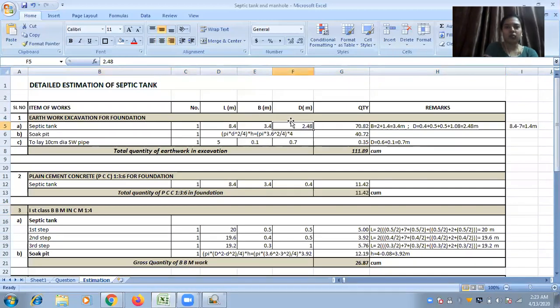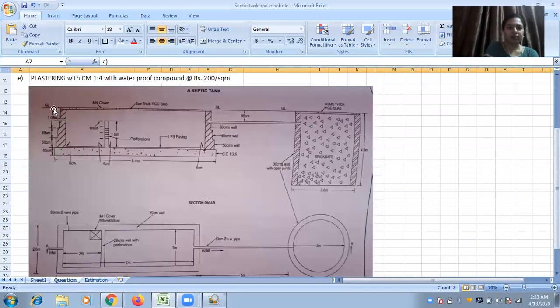Here, let us check what is the depth of excavation. In the given diagram, till the bottom of the structure, I'll start from the bottom, that is 40, 50 plus 50 plus 1.08. All these things are in centimeter and only this they have given in meters.